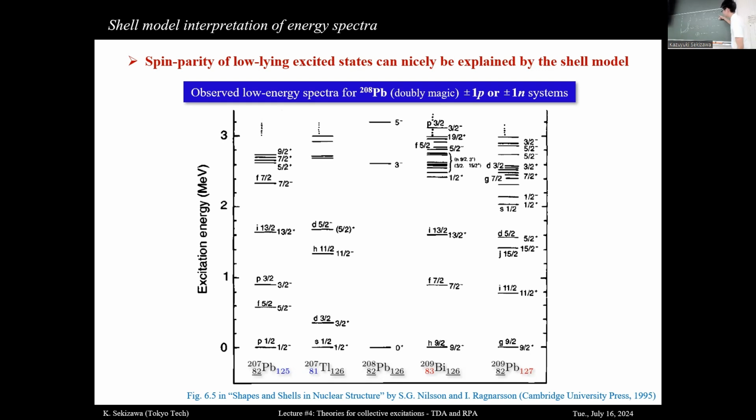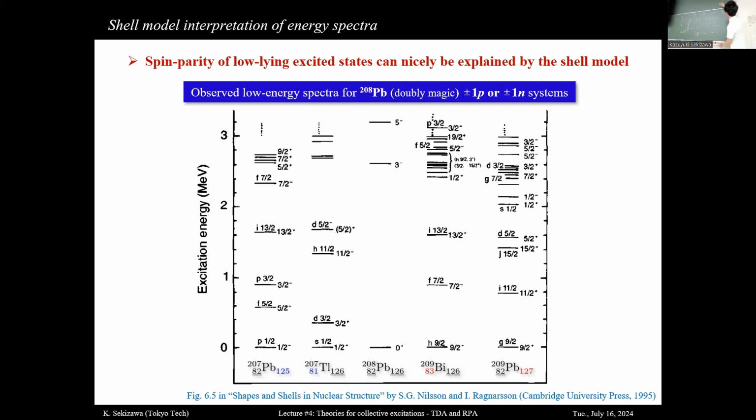J is the total angular momentum, L plus S, and there are two possible cases for spin, plus 1/2 and minus 1/2.